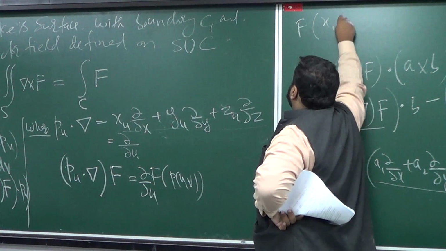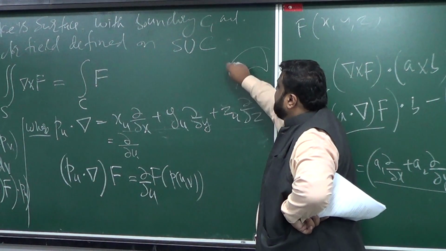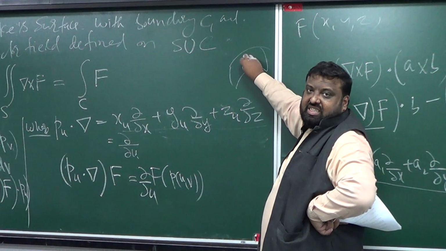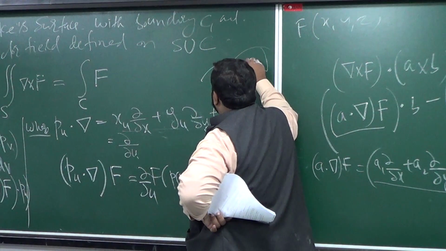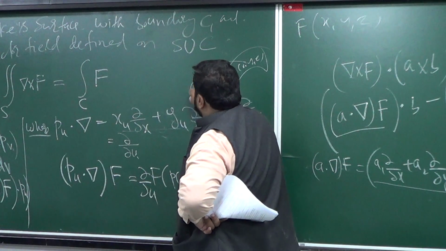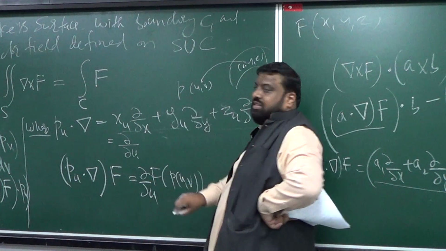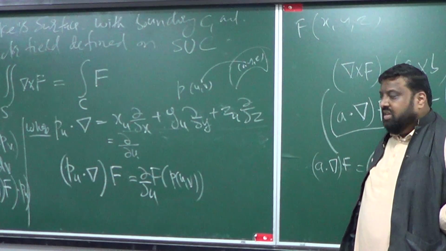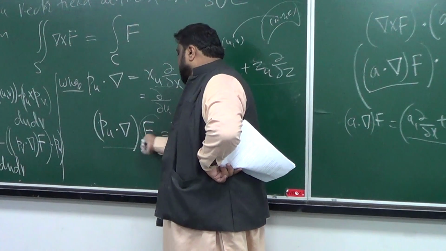So it takes a point x, y, z, where x, y, z is a point on the surface. But I know that this point on the surface x, y, z is a consequence of a point uv from the domain, and then you apply p on it. And I'm saying that I'm operating this operator onto f.